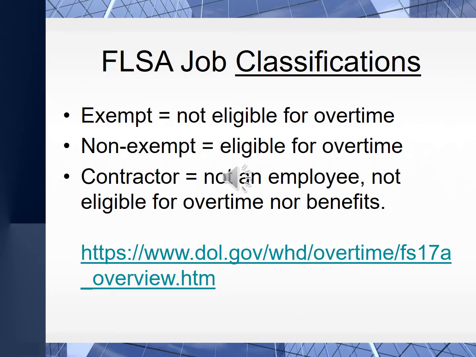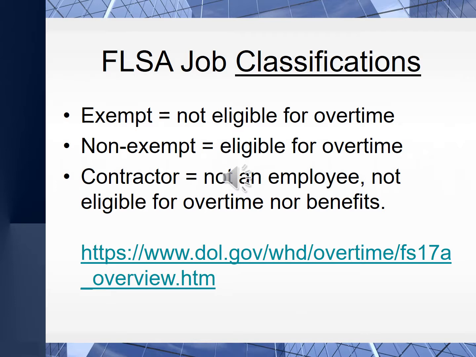FLSA job classifications are easily defined as exempt, not eligible for overtime; non-exempt, eligible for overtime; and contractor, which is not an employee and not eligible for overtime or benefits. Exempt employees typically earn $455 per week or more and work full-time, between 30 to 40 hours per week.